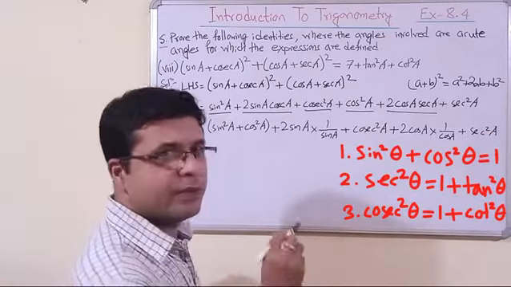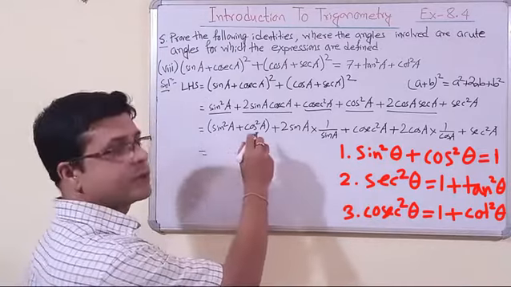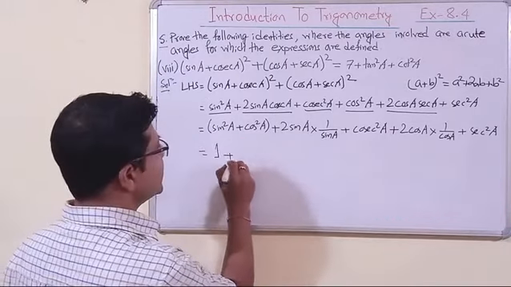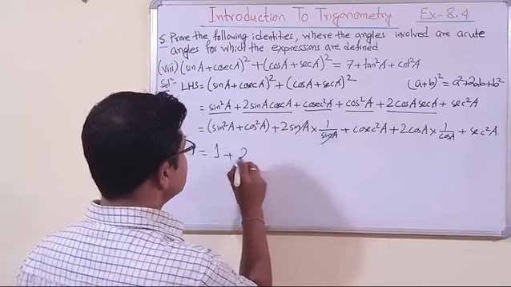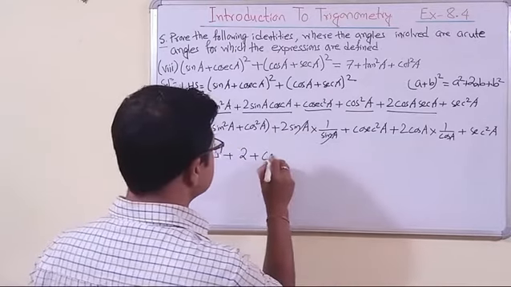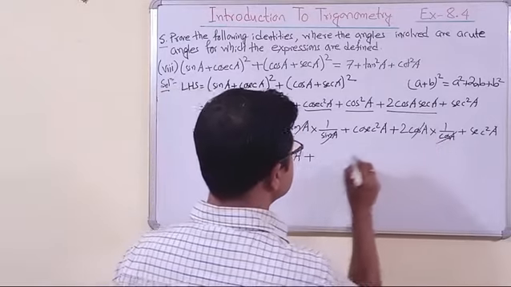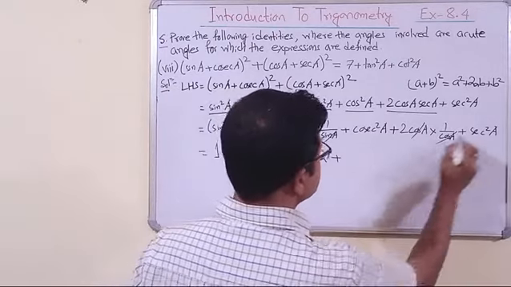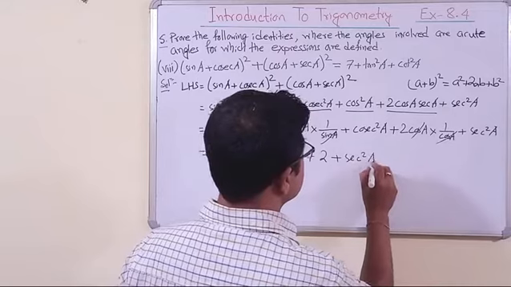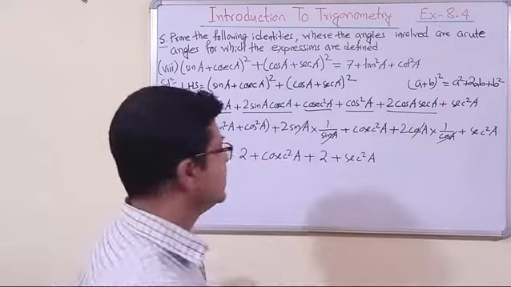Now according to the first identity, sin square A plus cos square A is 1, plus these two will get cancelled, 2 plus this cosec square A, plus these two will get cancelled, this is 2 plus this sec square A. Now we are very close to right hand side.